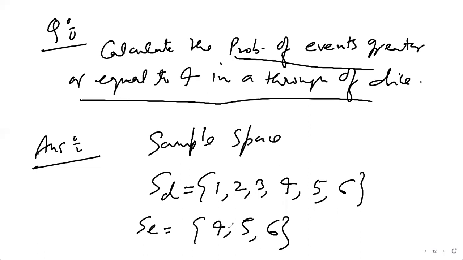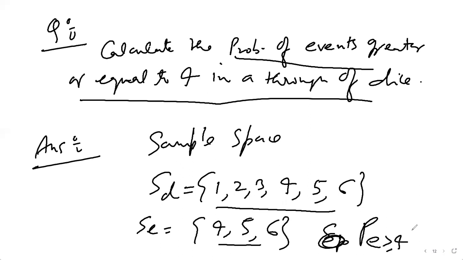So you see, any of these can appear. So there are three possible ways that an event greater than or equal to 4 can appear, right? And the total ways are 6. So what will be the probability? The probability of this event, greater than or equal to 4, is 3 by 6, right?